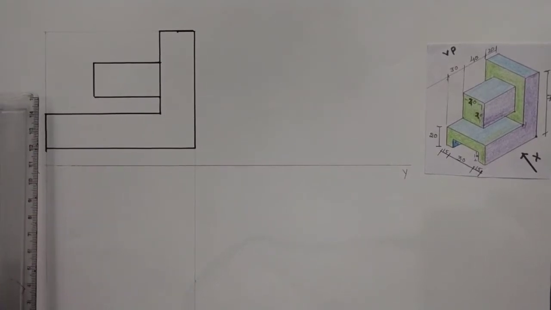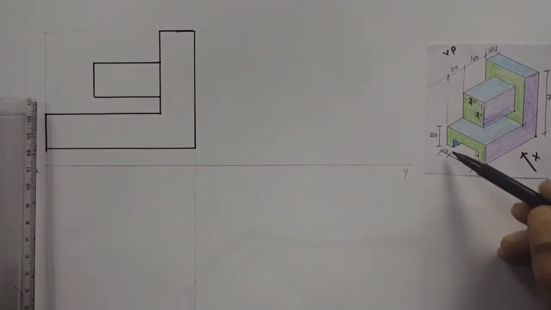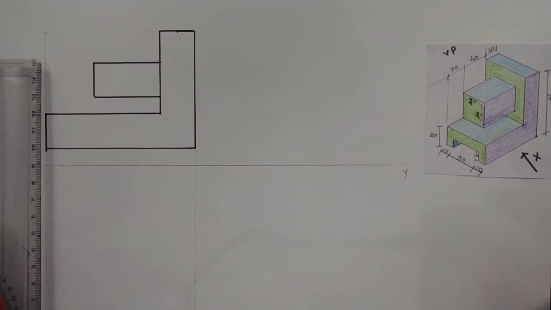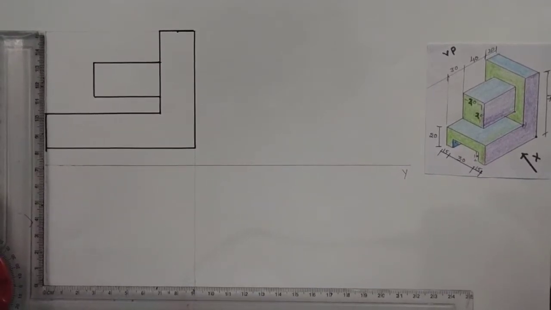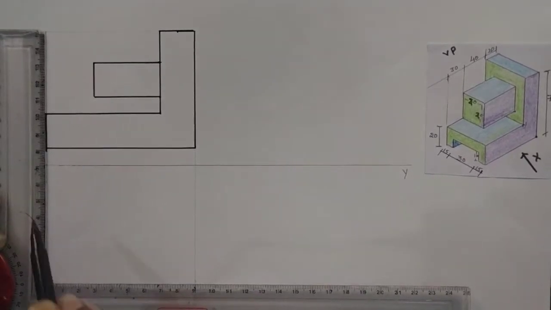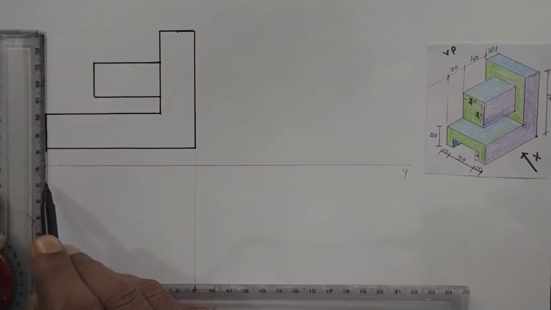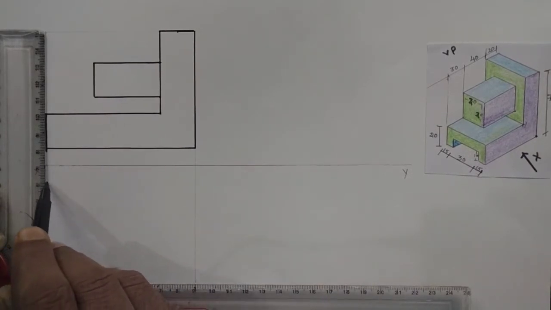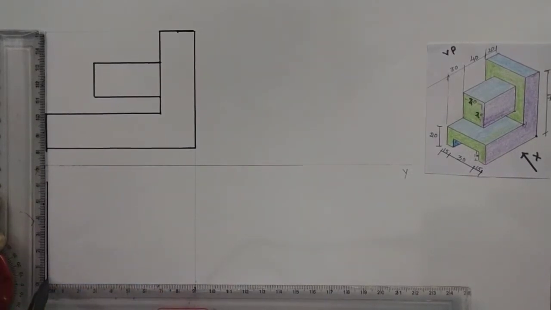you can draw your 60 mm width line perpendicular to VP. So I leave some 10 mm distance from the XY line, and I start my top view with the width line.